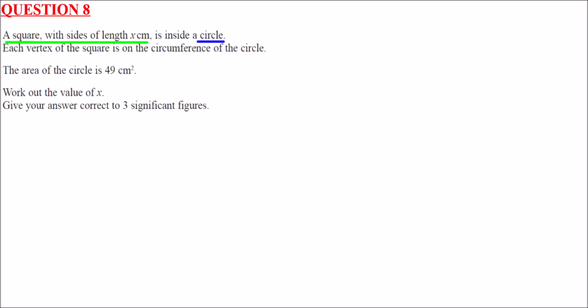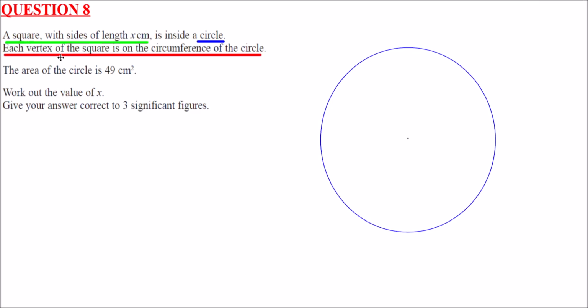So first of all, let's get a circle up and ready. Let's put a square inside it, but like I've said, each corner, each vertex of the square is on the edge, on the circumference of the circle. So we need 4 points on the circumference on this blue curve, like so. And because it's a square, we're going to draw on each dot to dot in a green line because I've highlighted the square underlined in green. So this is the square, and each green side of the square is x centimetres long.